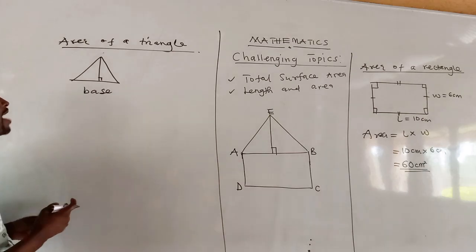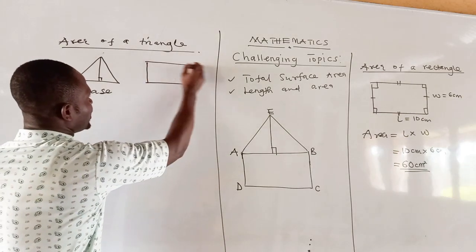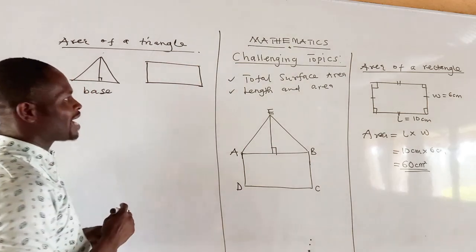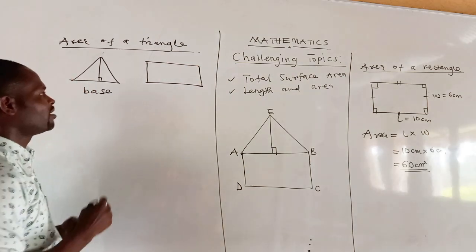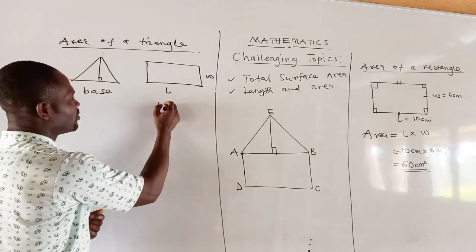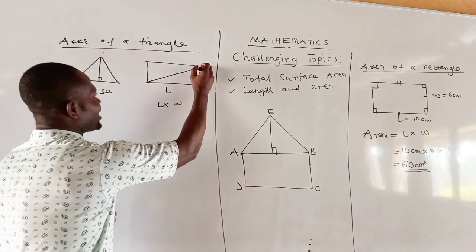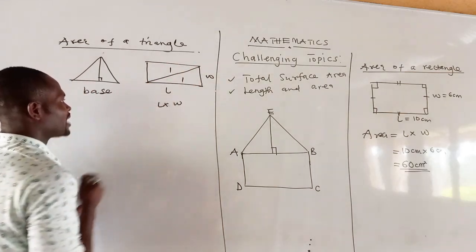Now for us to find the area of a triangle, first let's have a look at this. This is a rectangle. As I showed you earlier, the area of a rectangle is length times the width. With a rectangle, you can get 2 triangles. This one and this one, another one.